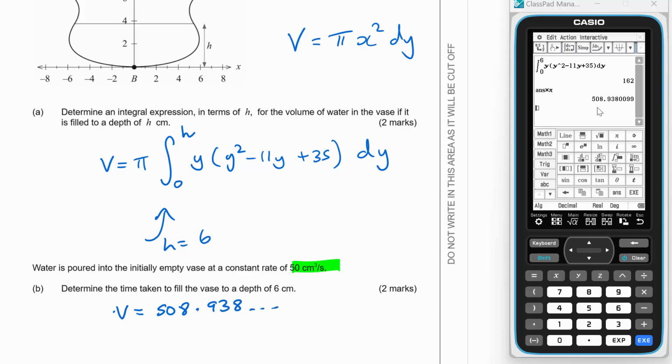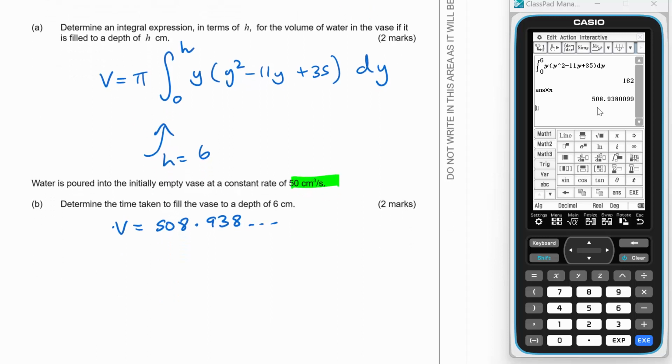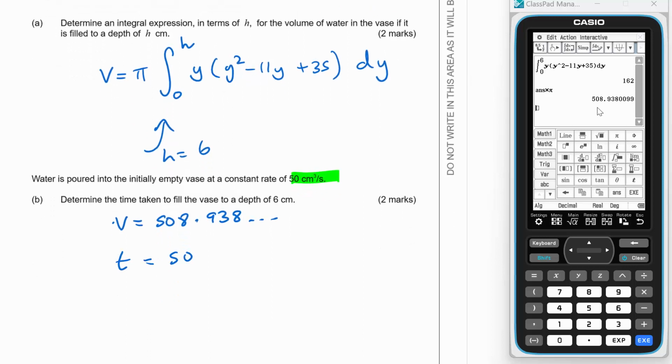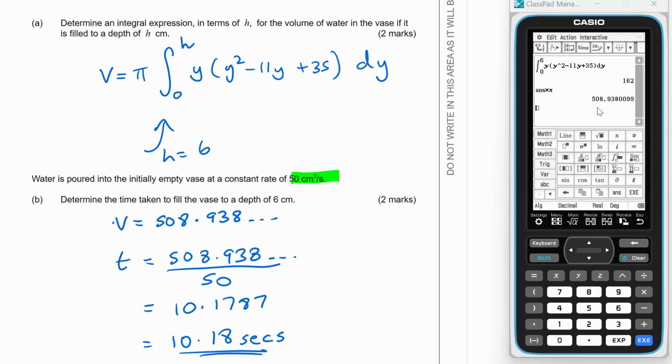And so if we want the time, it's just going to be that volume divided by the rate, which is 50. And we can calculate that. It comes to 10.1787, which I'll just round to 10.18, and that will be in seconds.